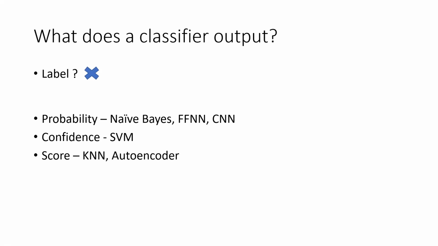It can either give you a probability, for example your naive Bayes classifiers, feed-forward neural networks, convolutional neural networks. These types of classifiers give you some probability between 0 and 1. Other classifiers like SVM give you some confidence type of thing, basically the margin, like how far this is from the hyperplane that separates the positive and negative, right?